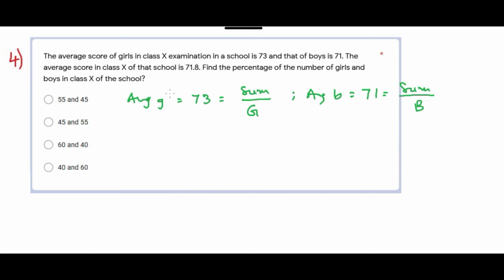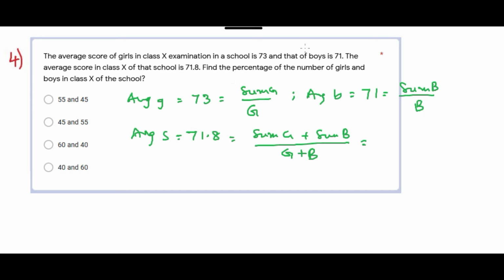Now the average of the school is 71.8, which is equal to the sum of girls plus the sum of boys, divided by girls plus boys. Same principle.